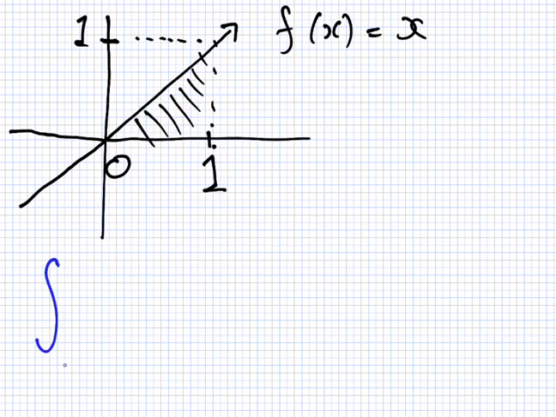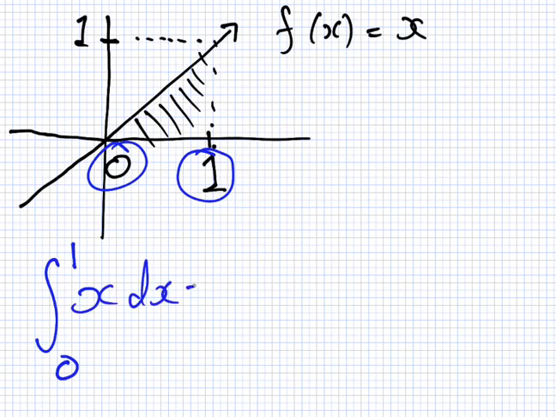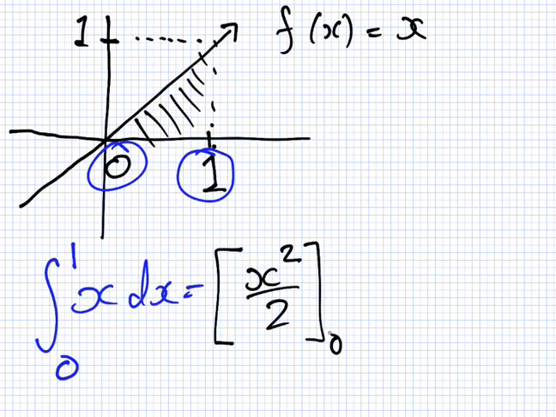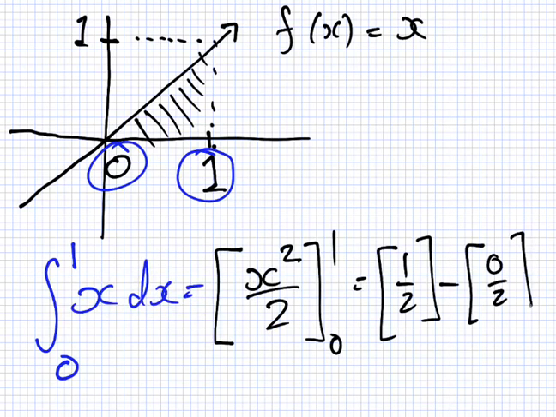We integrate from 0 to 1 our function. So what is the integration of x? x squared over 2, from 0 to 1. That would be 1 over 2 minus 0 over 2, which equals a half. Which is what you expected.